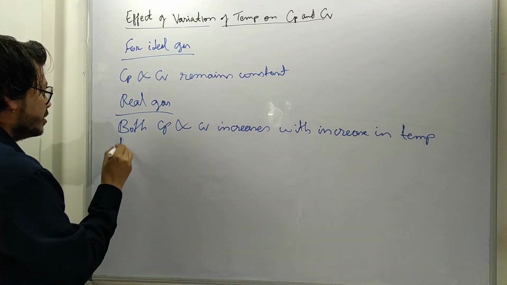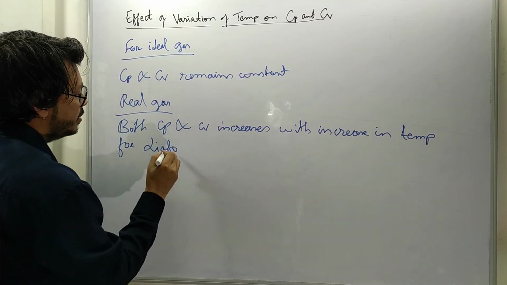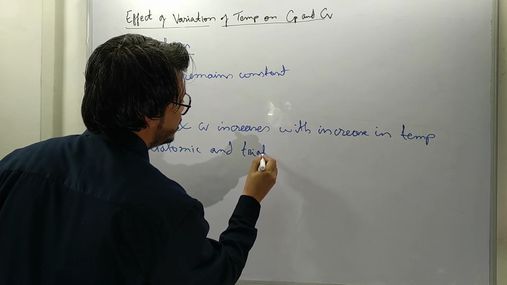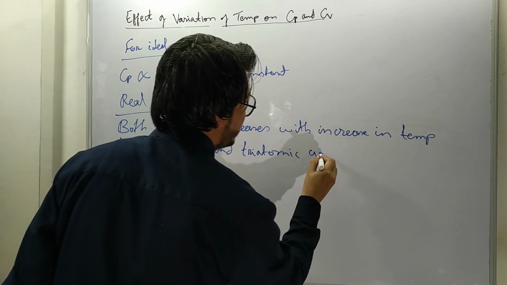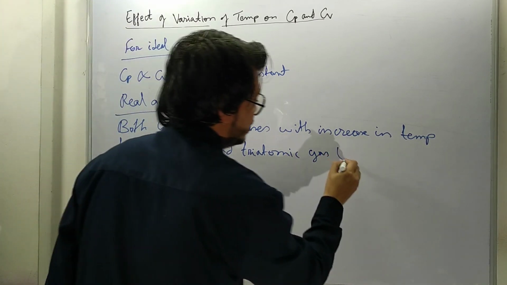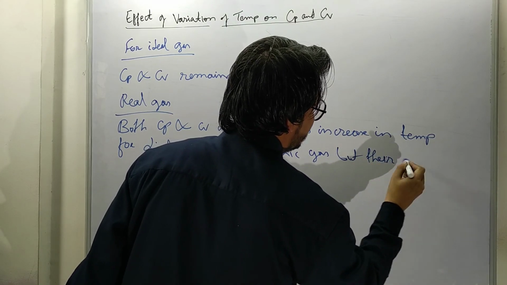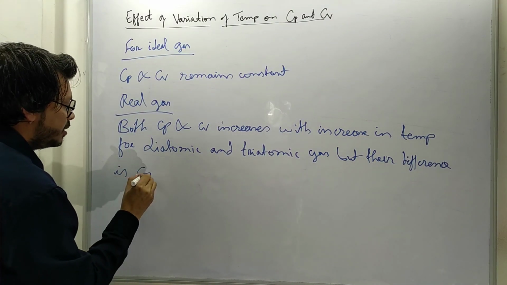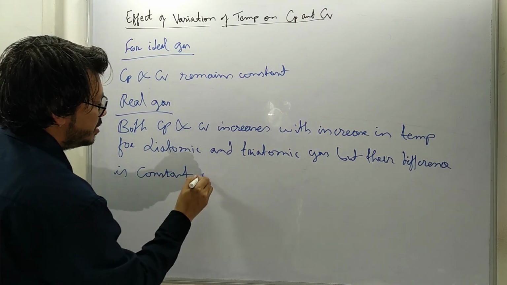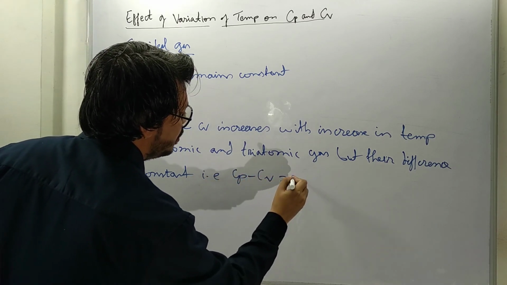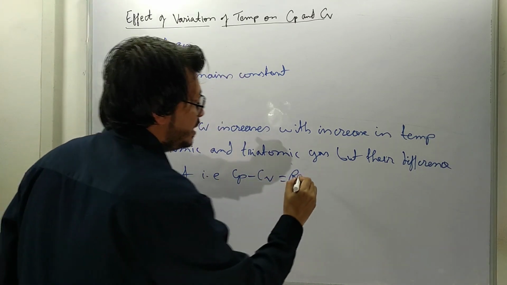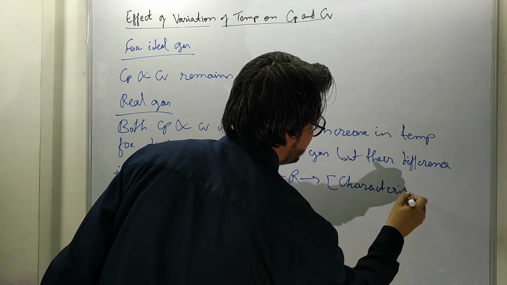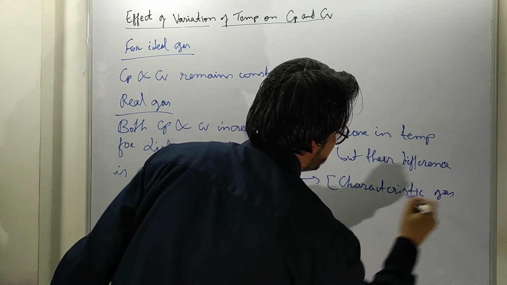For diatomic and triatomic gases, Cp and Cv both increase with temperature, but their difference is constant, that is Cp minus Cv is equal to a constant, which is R, known as the characteristic gas constant.